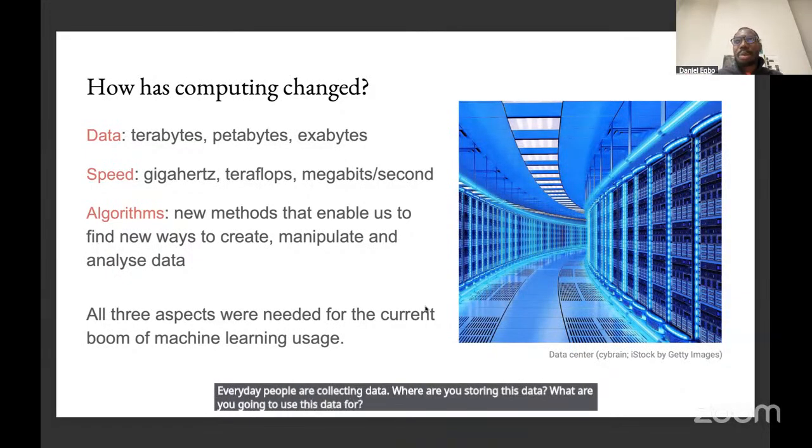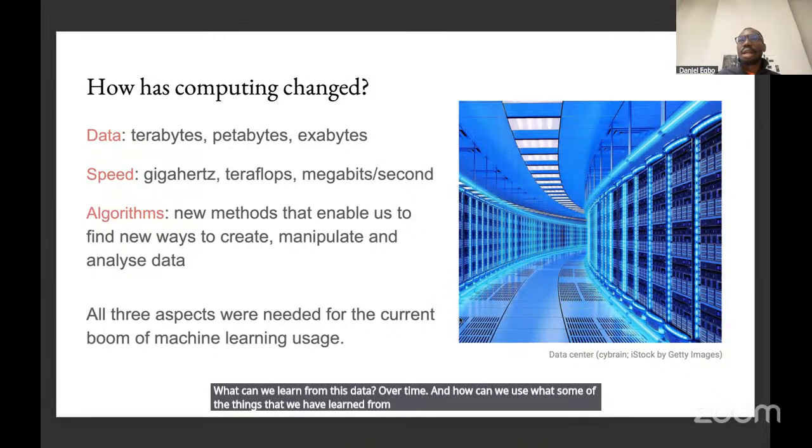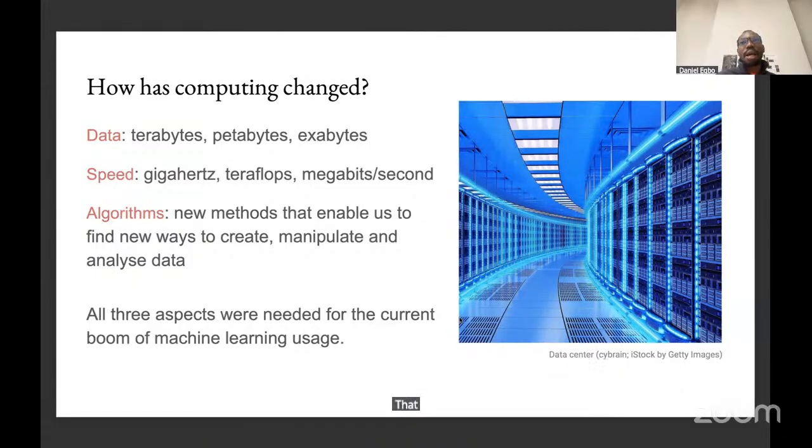These are part of the things that gave rise to the idea of machine learning: we are processing enormous data. How can we process this data? What can we learn from this data over time? And how can we use some of the things we have learned from this data to make improvements, to predict, not the future, but new realities or events that are just happening or might happen?